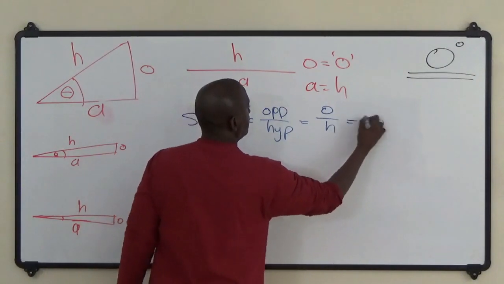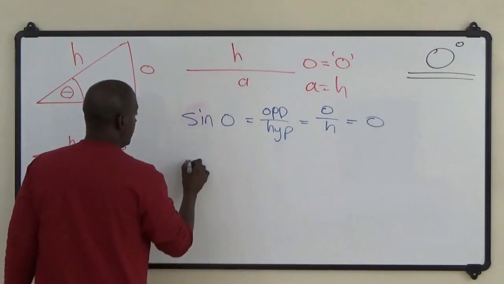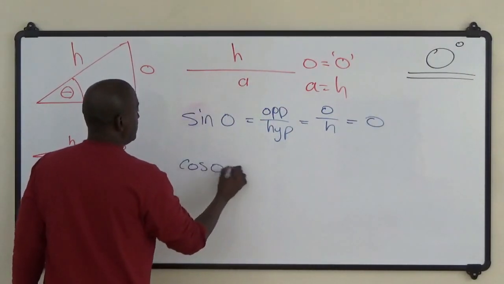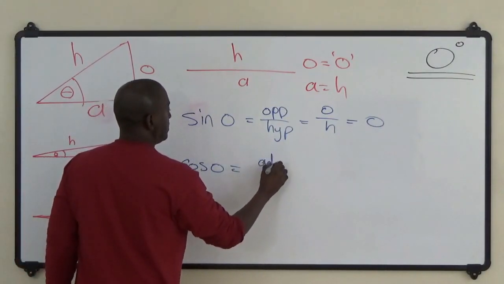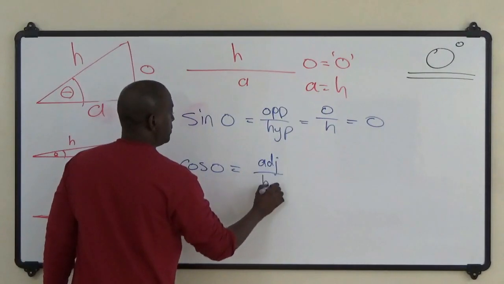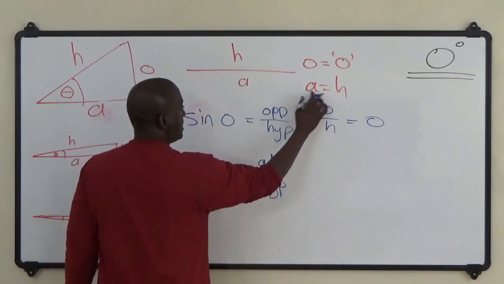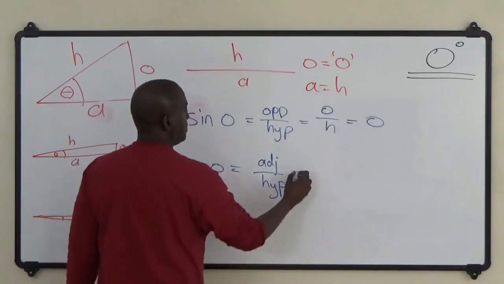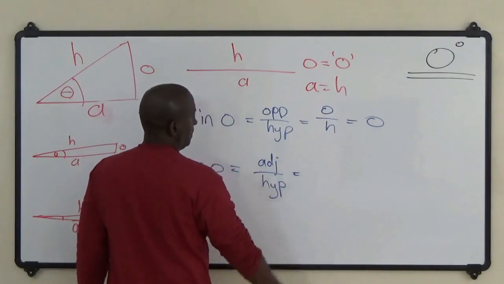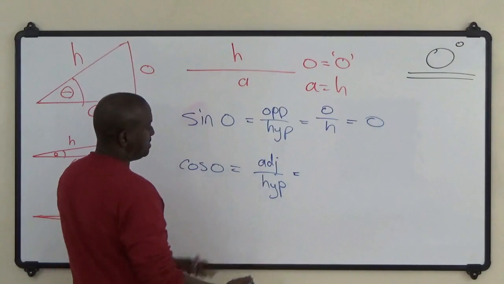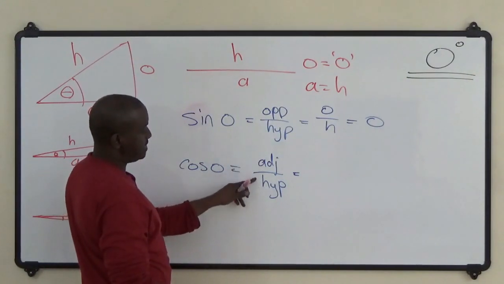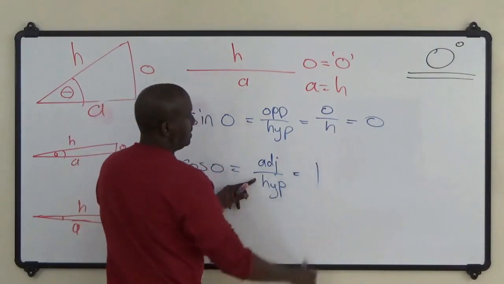over anything is 0. Your cosine of 0 will be equal to your adjacent over your hypotenuse. But since the adjacent is equal to the hypotenuse, anything divided by itself is 1, so the answer will just be equal to 1.